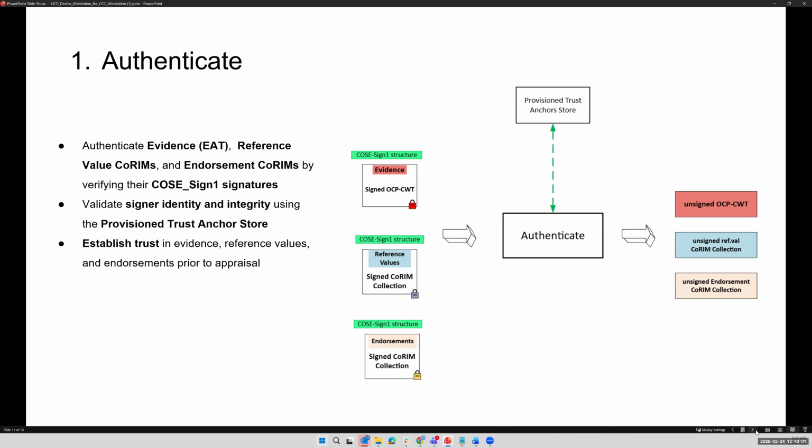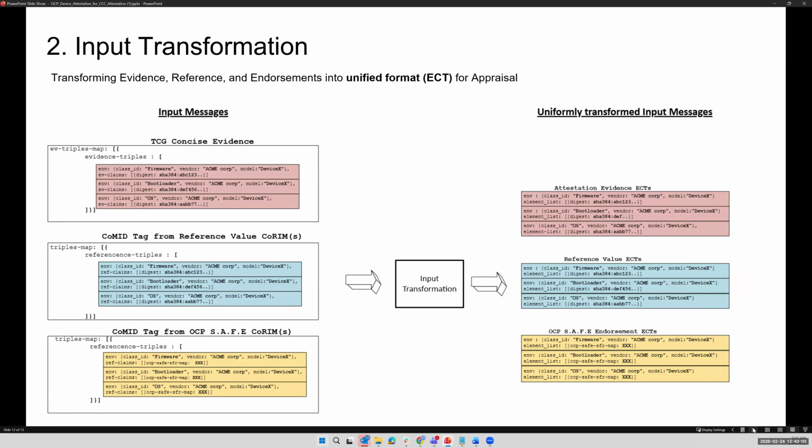The next step would be an optional input transformation, whose internal representation, as per the RATS architecture guidelines, is the ECT, which is environment claim tuples. This would closely represent the evidence and reference triples format with additional fields. For simplicity's sake, we just showed what is important here.